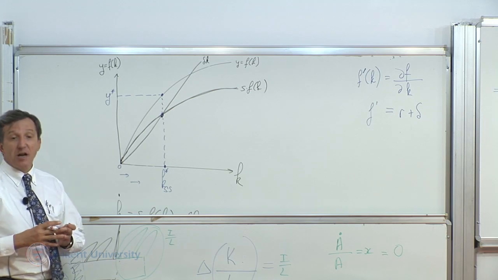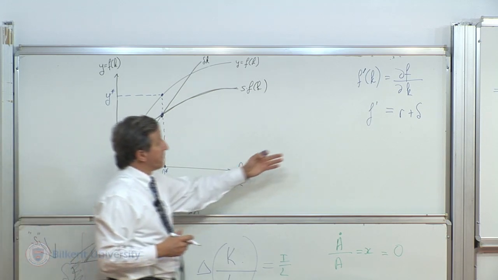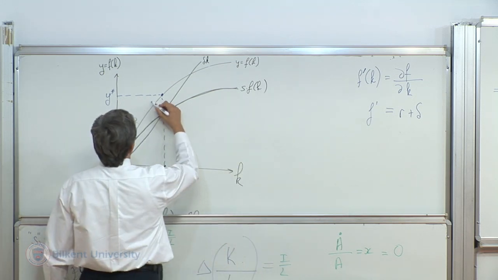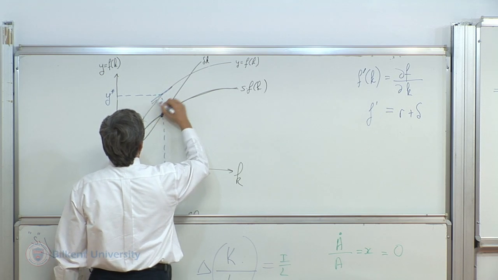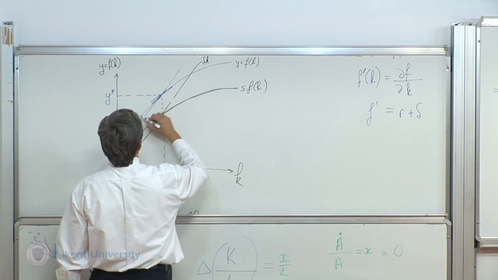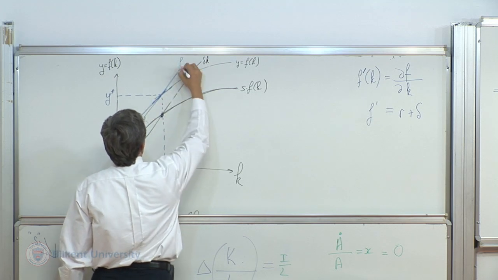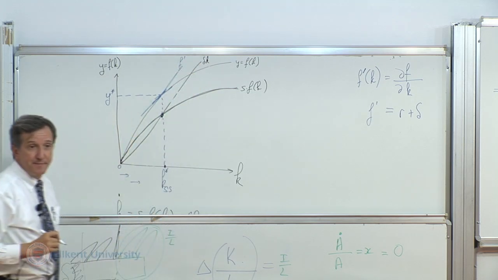To approximate the derivative of this production function, what we do is we put a tangency here, call this tangency F prime.